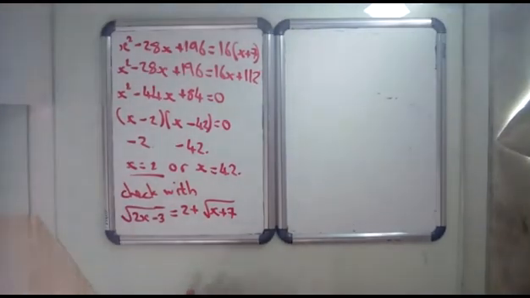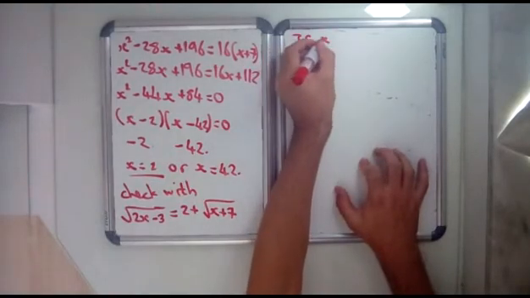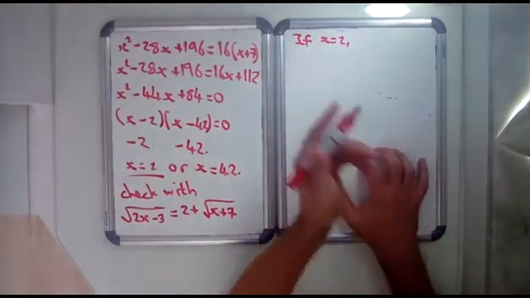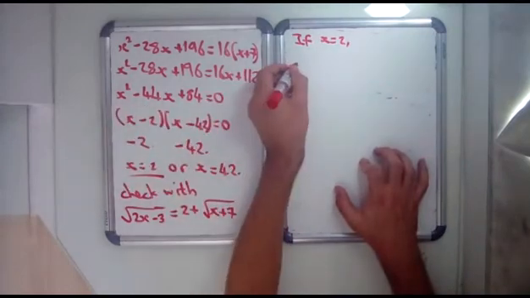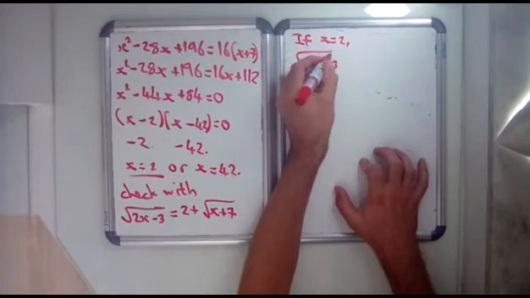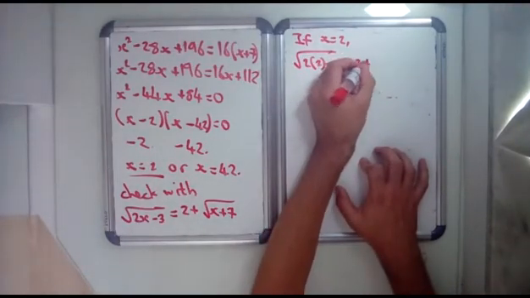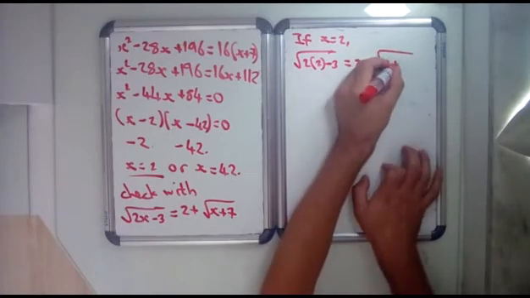Okay, so we're going to check when x equals 2 and when x equals 42. So if x equals 2, we need to see if the left hand side equals the right hand side. So does root 2 times 2 minus 3 equal 2 plus root x plus 7? So 2 plus square root 2 plus 7.